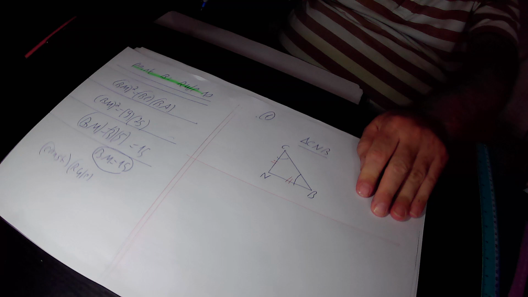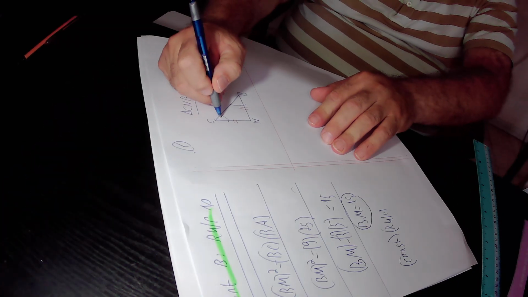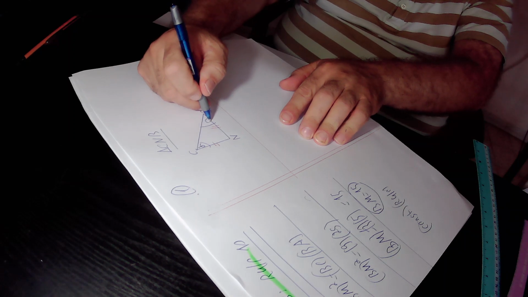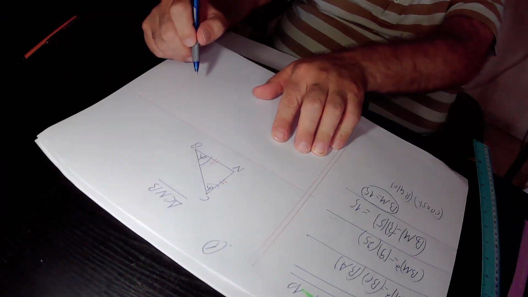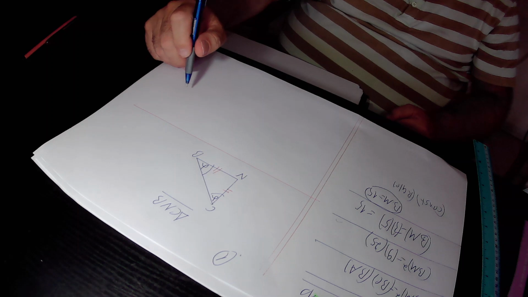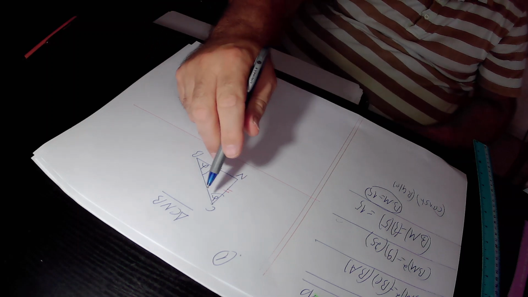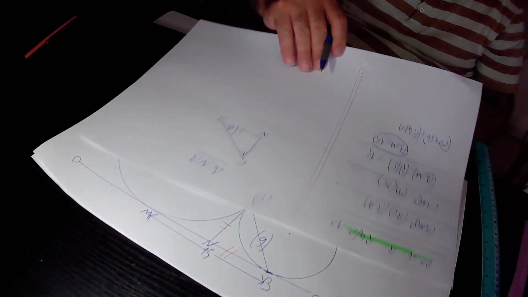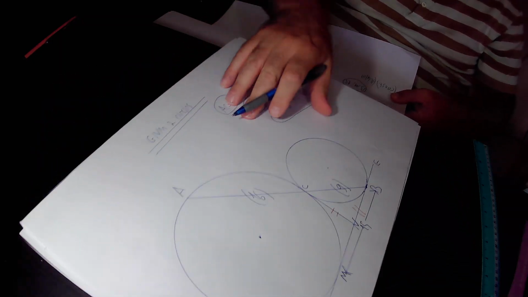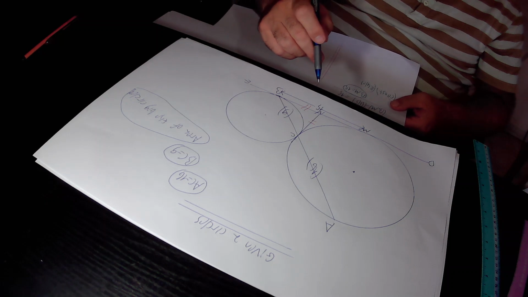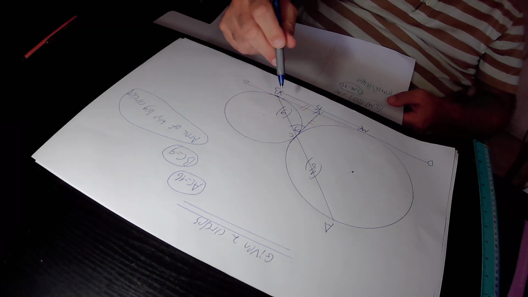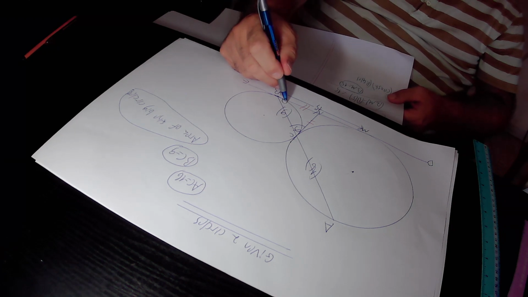So if the size of this angle is alpha, then the size of this angle must also be alpha, because they are equal according to the rule I mentioned. So in total, angle NCB equals alpha, and angle NBC also equals alpha.